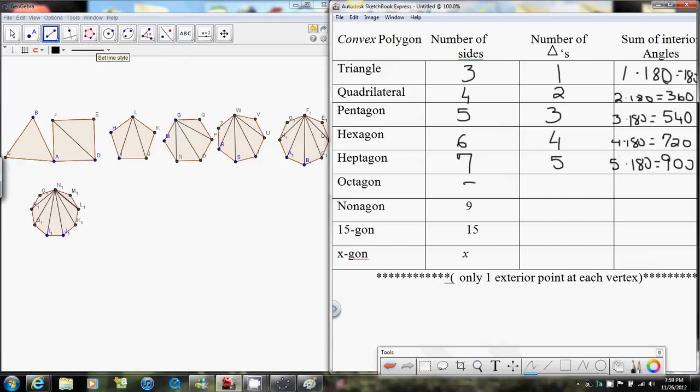And then the octagon has 8 sides, and we were able to create 1, 2, 3, 4, 5, 6 triangles, and 6 times 180 turns out to be 1080. Then we have the nonagon. It has 9 sides, and the number of triangles created were 1, 2, 3, 4, 5, 6, 7. And so the sum of the interior angles was 7 times 180, and 7 times 180 is 1260.